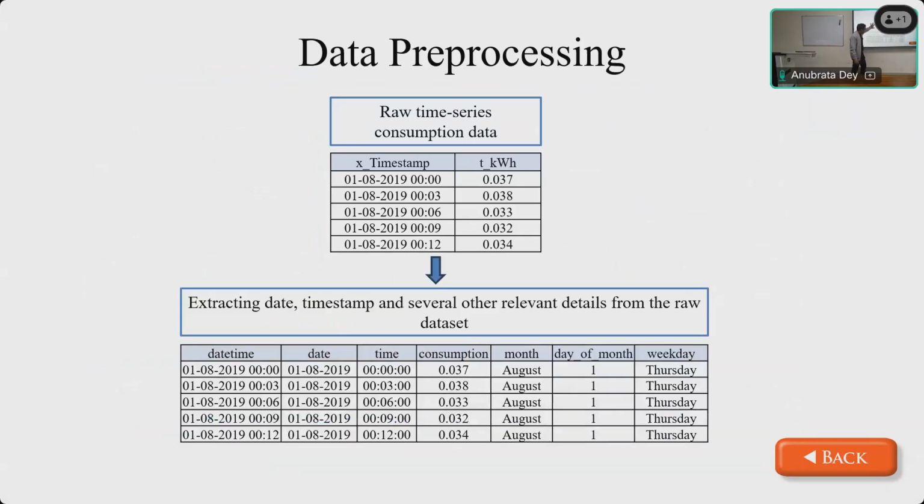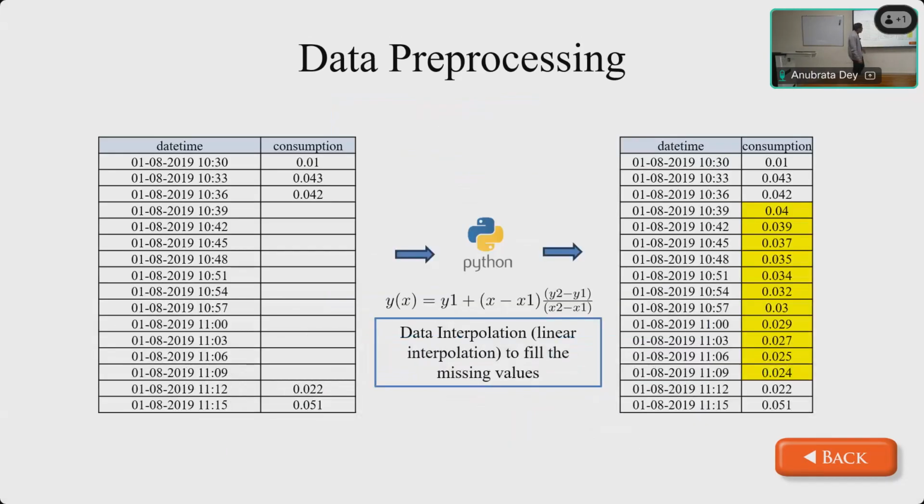Once you have this data, the next task is to process it. Whatever data you have considered, you have to arrange in some way, which you can do in Excel very well. What we observed is that some of the data were missing. I don't know why.